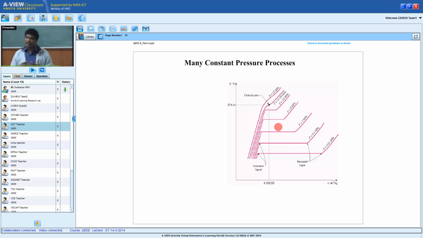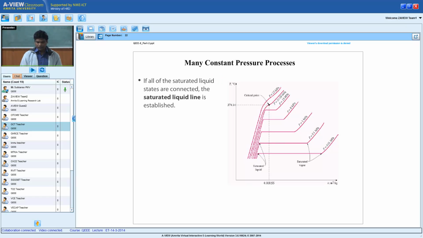Suppose I see the same phenomenon in a temperature versus volume diagram, it is saying something beautiful. What is that beautiful? You see the entire interesting point. All the saturated liquid states, you see this one, this is called a saturated liquid. Why is it saturated liquid?